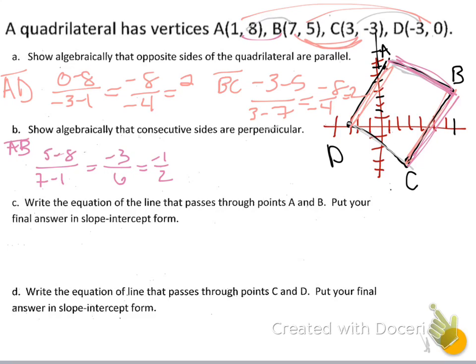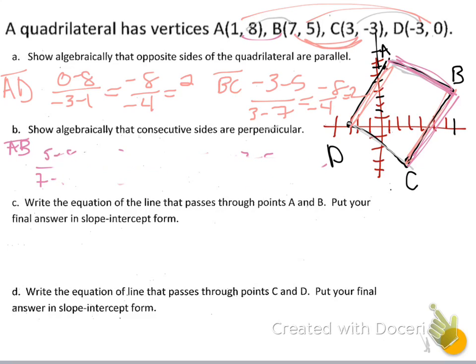So there's AB. Now let's do BC. So negative 3 minus 5 over 3 minus 7. Negative 8 over negative 4, so 2. Okay, remember perpendicular lines are opposite reciprocals. So one's positive, one's negative, one's 1/2, one's 2. They're reciprocals. Okay, so we know those are.